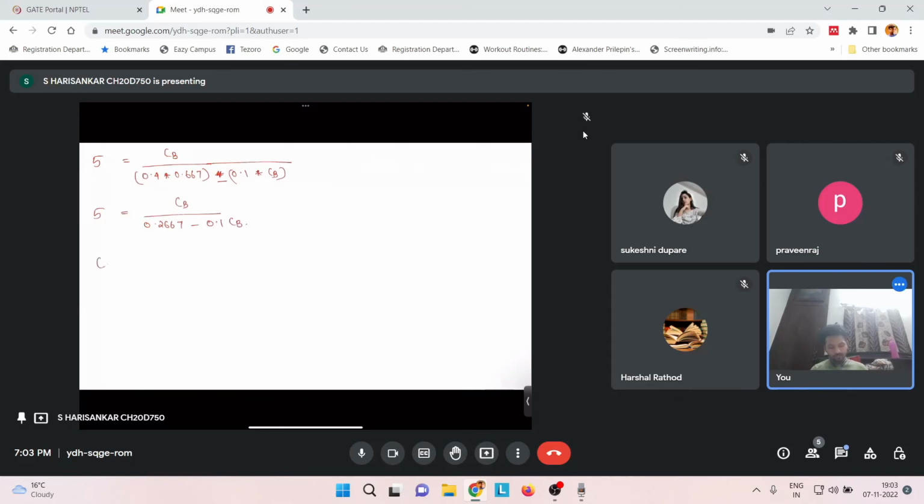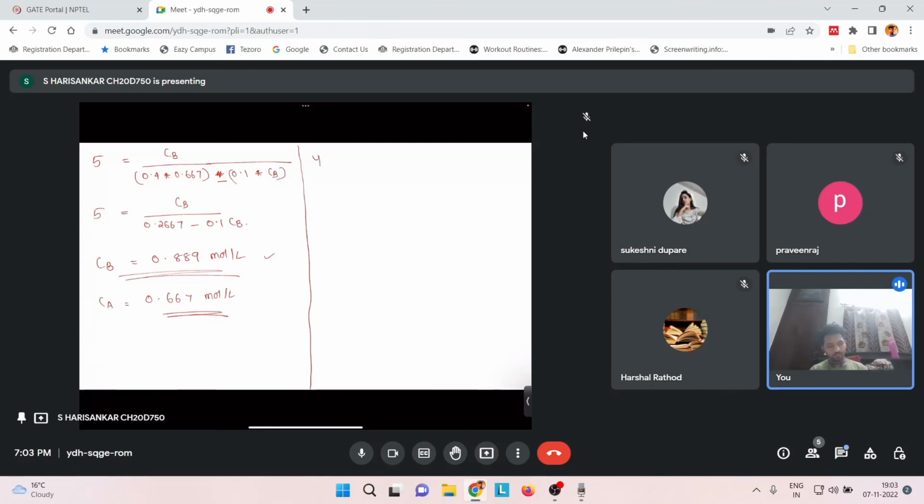So Cb will be 0.889 mole per liter. Okay, so now we have the concentration of Cb, and Ca also we found out as 0.667 mole per liter. So now we can substitute these values in the formula for yield of B and we can find the required answer.